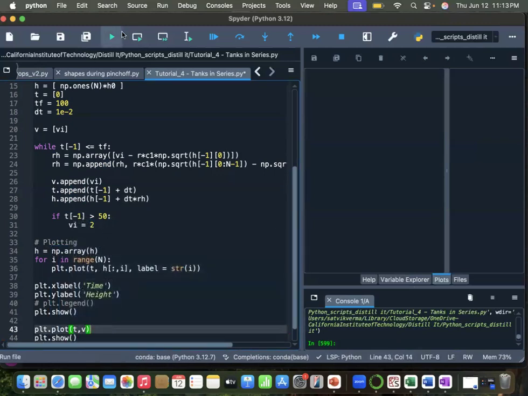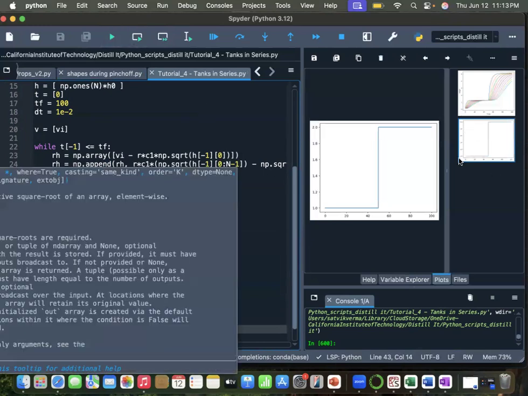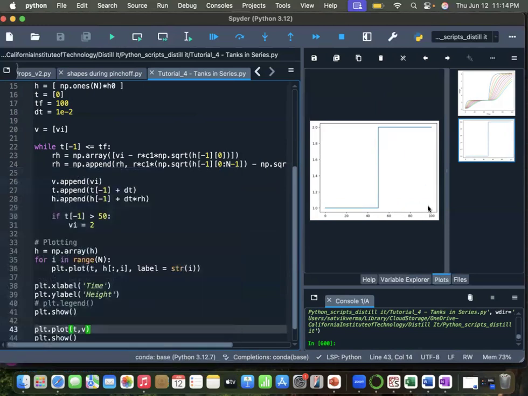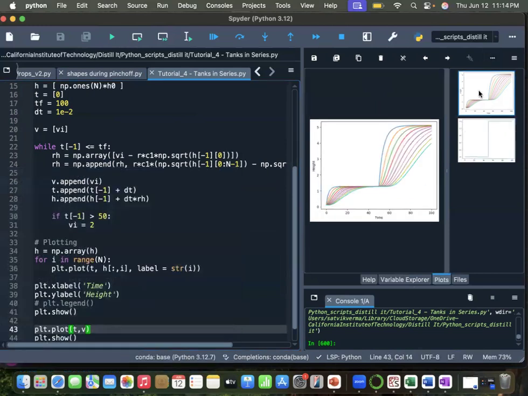So let's see how this actually turns out. So you see at 50, the velocity has changed. This is a step change in the inlet velocity. And because of that, you see that at 50 seconds, this has also changed drastically, right? And once again, we see that the tanks had reached their steady state heights.